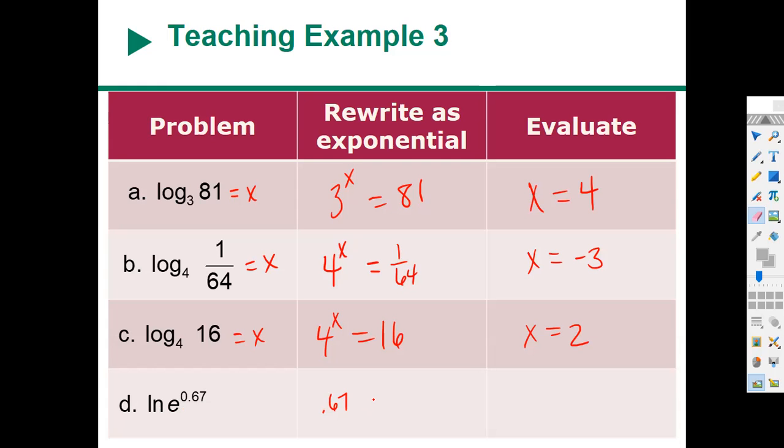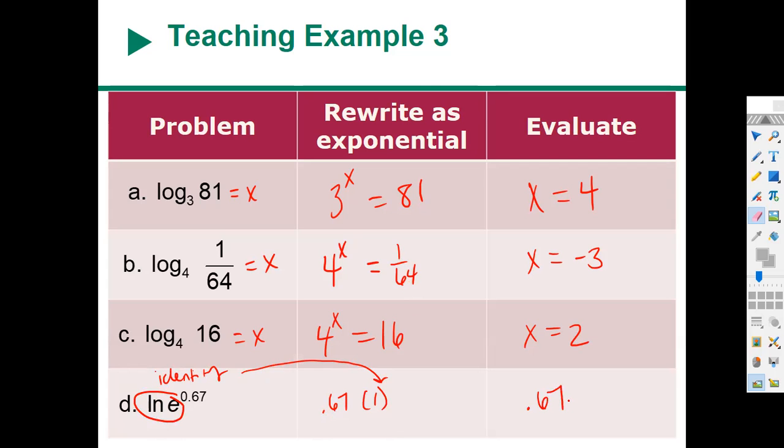And natural log of e equals 1, because this is an example of an identity. When you have the log of its base, or its inverse, it's going to equal 1. And so 0.67 times 1 is just 0.67.